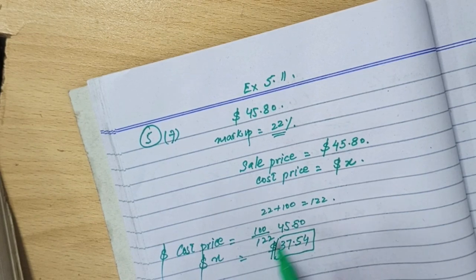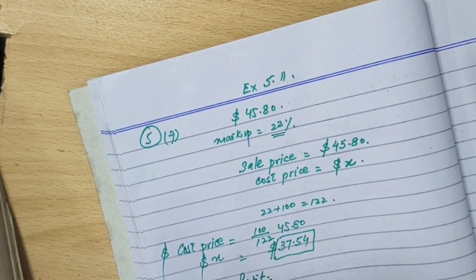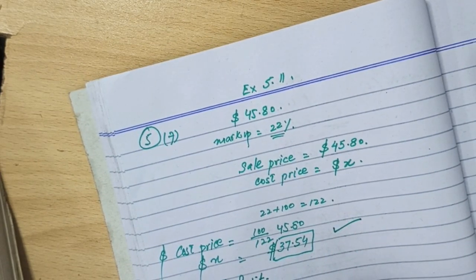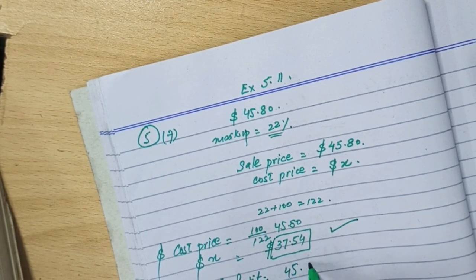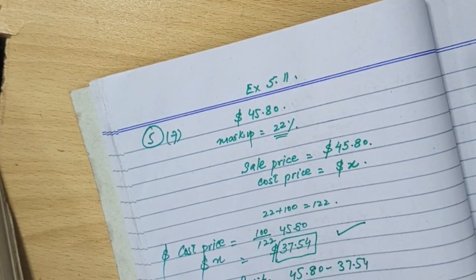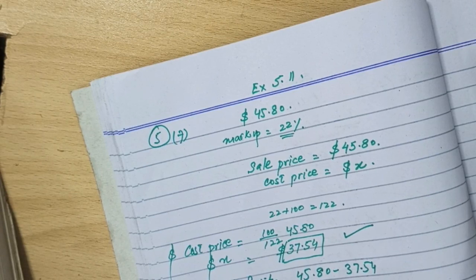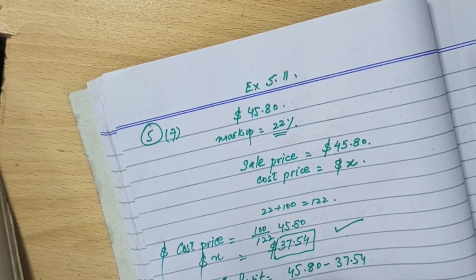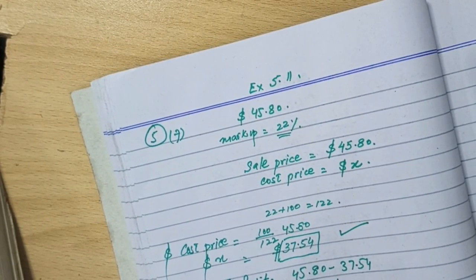And if you want to calculate the profit, now this part has not been asked of you. The answer is only this. If you want to calculate the profit, it will be 45.80 minus 37.54, it will become $8.26 on that very commodity or that very good.